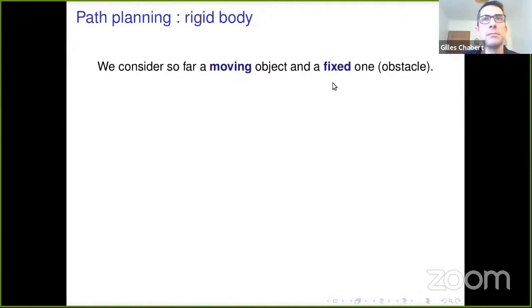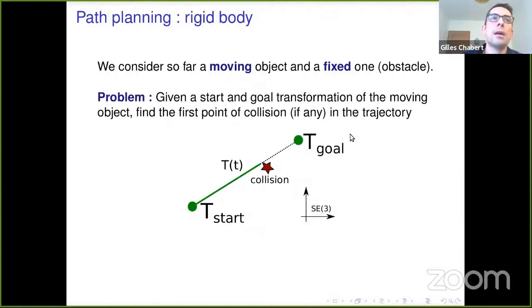So let's move now to path planning. We have considered in path planning two objects. One is the moving one, and the other is the fixed one, which can be a full scene. By the way, it's basically the obstacle. And the algorithm we provide is a local planner.